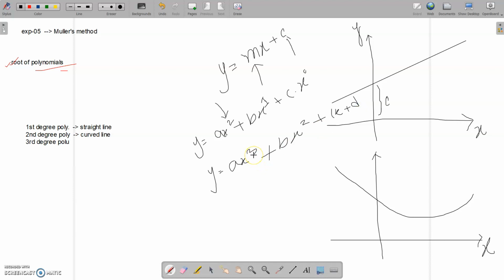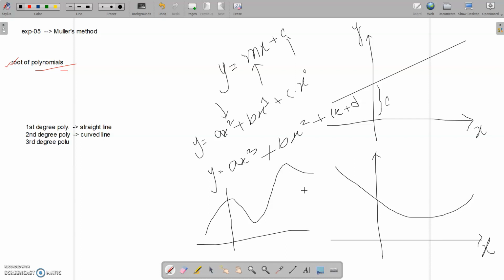So this is a third degree polynomial. How should the curve look for this? Say the curve can look like this. From third degree it can be even higher: fourth degree, fifth degree, sixth degree polynomial, something like that.